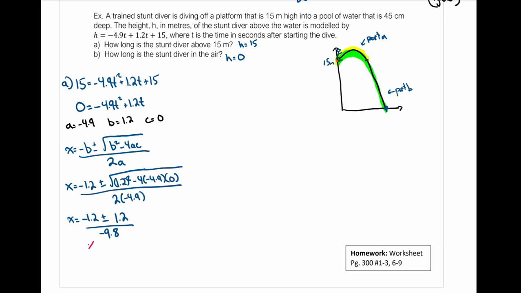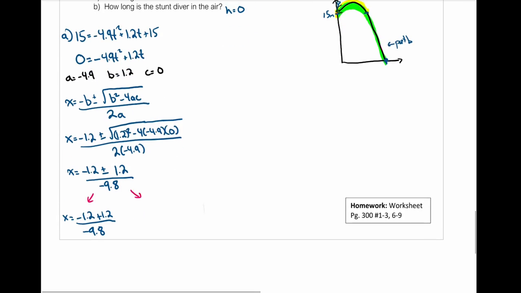Now I can break this off into two parts to find my two solutions, right? Because again, I should be having 2 points when the height is 15. So the first one, x equals negative 1.2 plus 1.2 divided by negative 9.8.